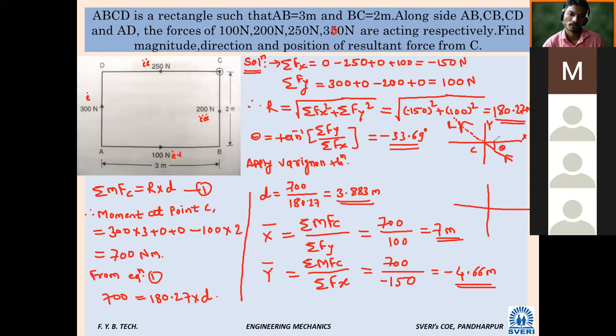Y is minus, and X is 7. Where will it cut? Fourth quadrant. Have you noted it down? Yes, sir.